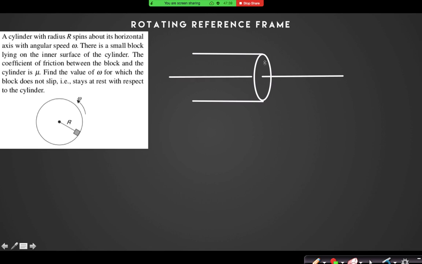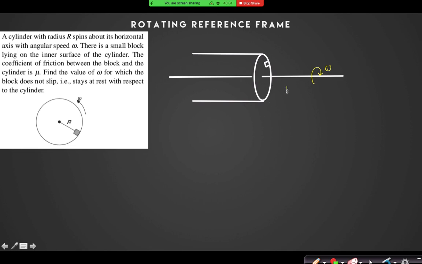And here is your small block. Can you imagine the cylinder is rotating in this way? This is the horizontal axis and this is the surface of the cylinder where you have placed a block, right? Horizontal axis means this one.